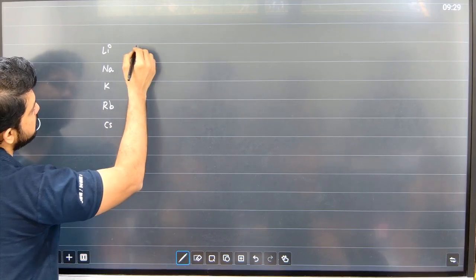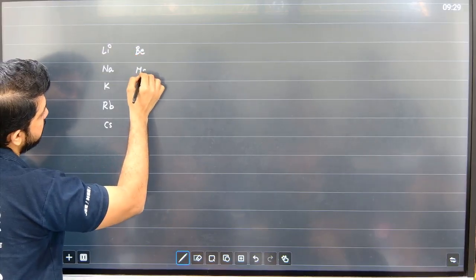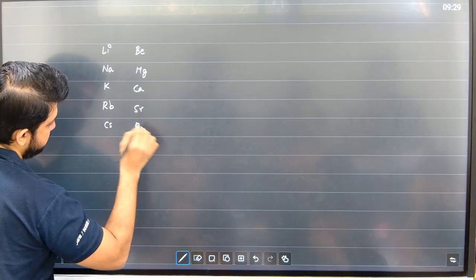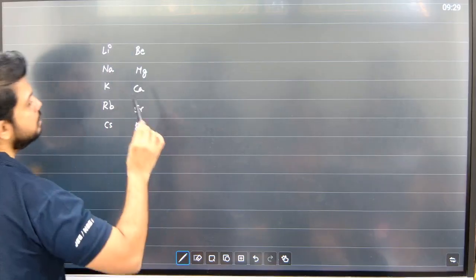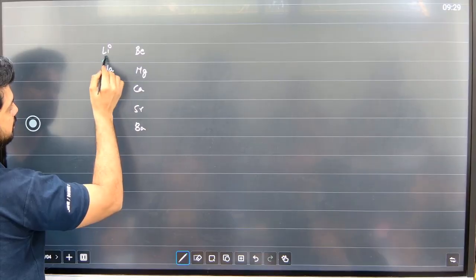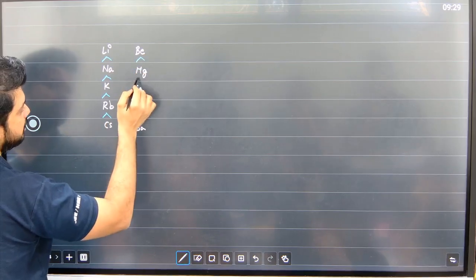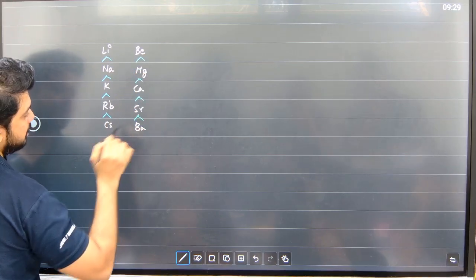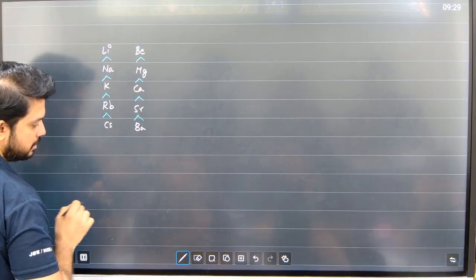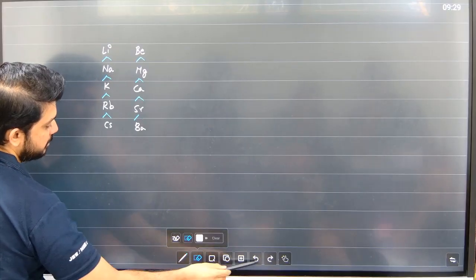And the corresponding elements over here will be beryllium, magnesium, calcium. So when I go down the group, there is no anomaly. क्या हो रहा है? Ionization enthalpy. Ionization enthalpy increases. Correctly कहेंगे, ionization enthalpy decreases.